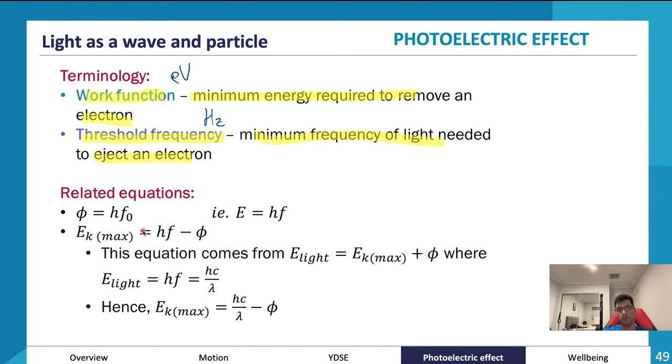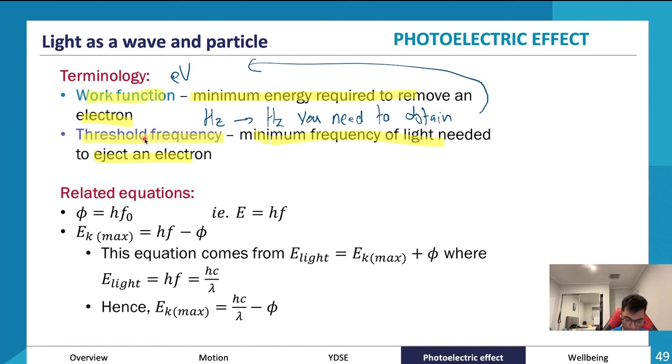Work function is the minimum energy required to move an electron. The frequency is the frequency you need to obtain this much energy. So in that sort of sense, these two things are kind of like the same thing.